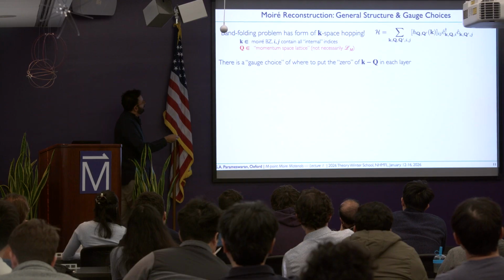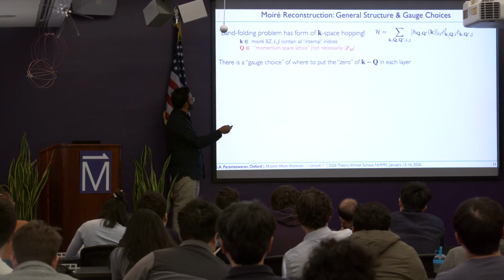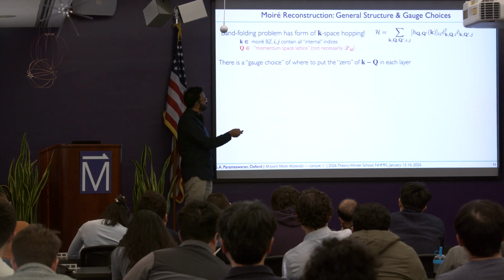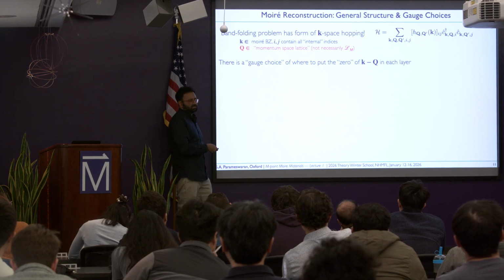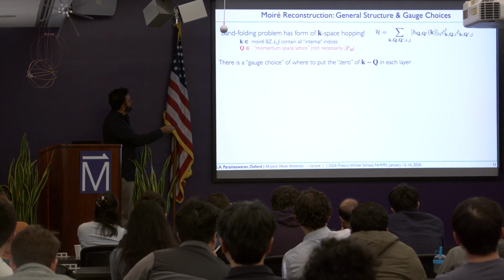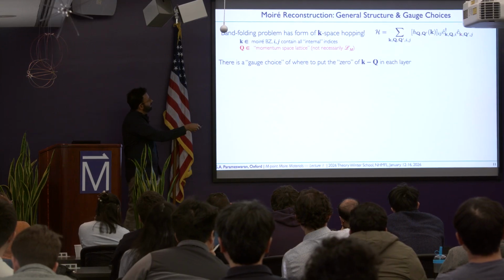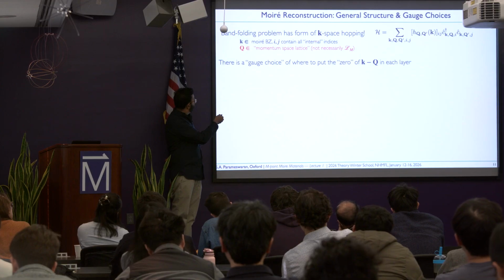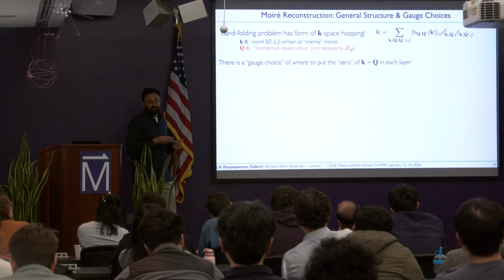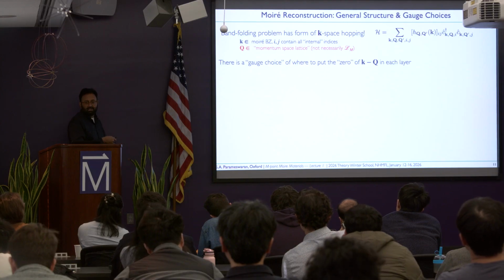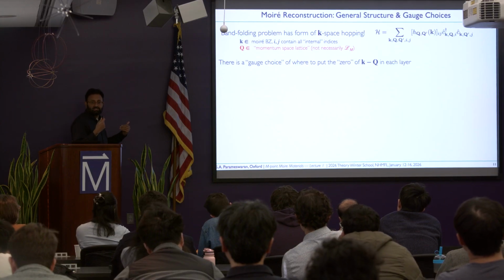So this band folding problem can be rewritten in the form of a K-space hopping problem. And this takes a little bit of work to do, but what you argue is that you just Fourier transform and just follow your nose through. In the end, I know that the only really good conservation law, since the only really good translational symmetry is moiré translational symmetry, I started off, and remember, I've thrown away the microscopic translational symmetry.